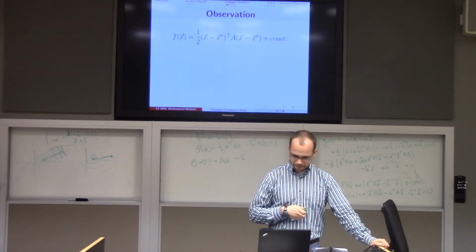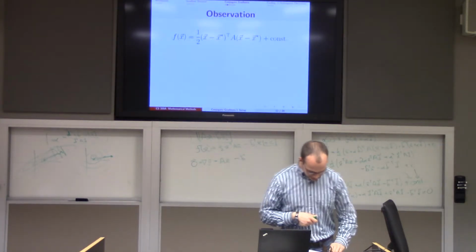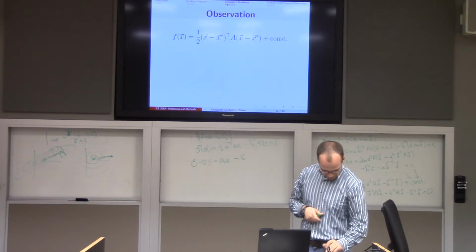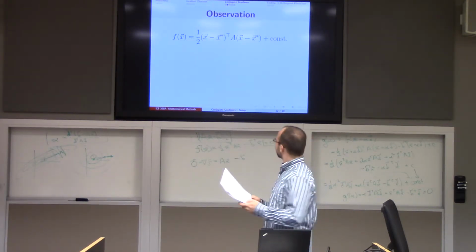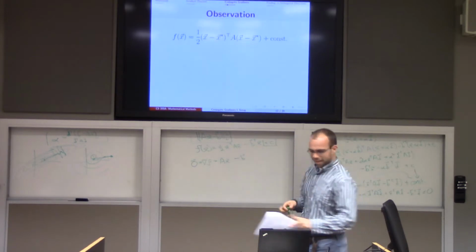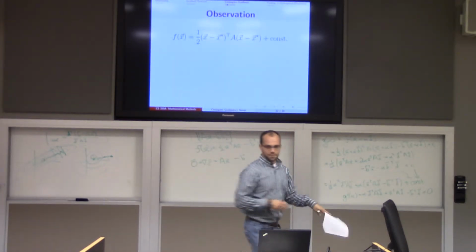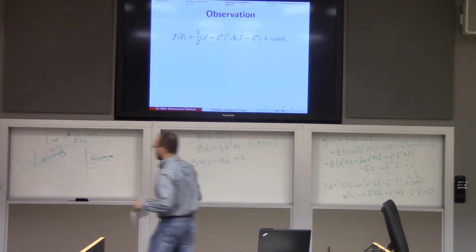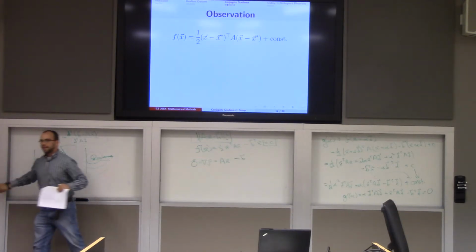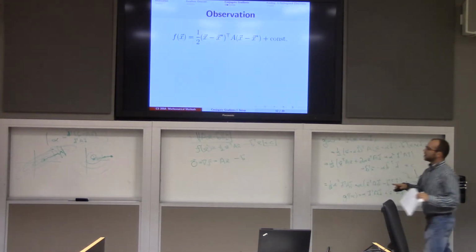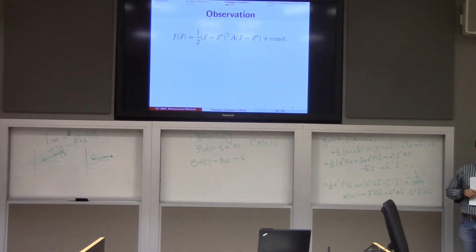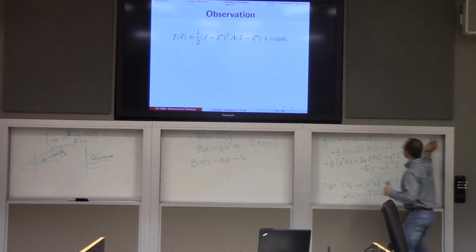So, now we're going to make an observation. I looked at a bunch of different proofs of the conjugate gradient method, and I found one I really like, which is in Golub and Van Loan, although I simplified it because that book is horrifying. The observation here is that our function f actually takes a different form, which is really interesting.